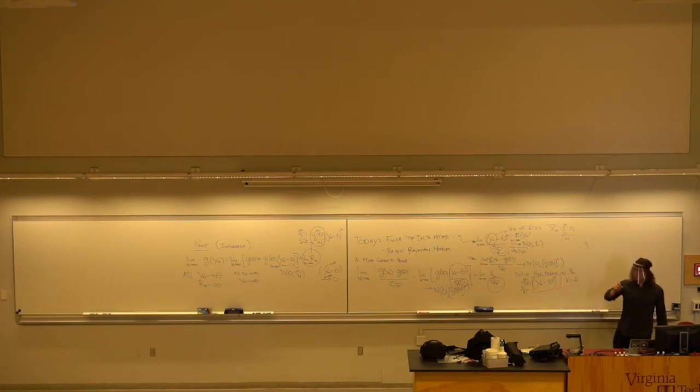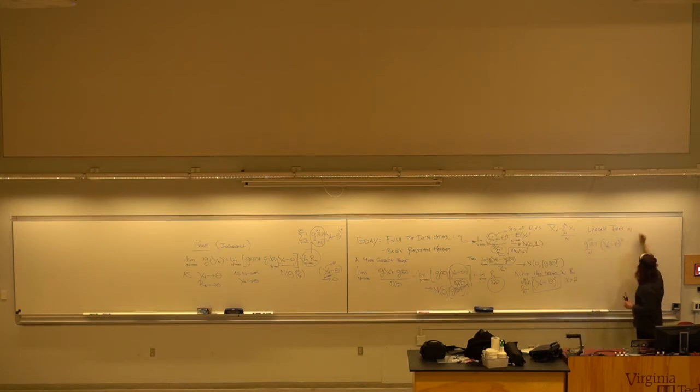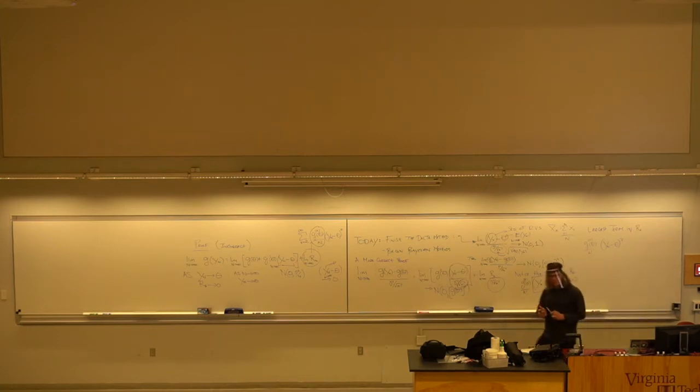Everything else is going to 0 even faster than these terms. So second derivative divided by 2 factorial, yn minus theta raised to the second power. This is my largest term. Everything else is asymptotically smaller, and as n goes to infinity, they're getting even smaller and smaller.